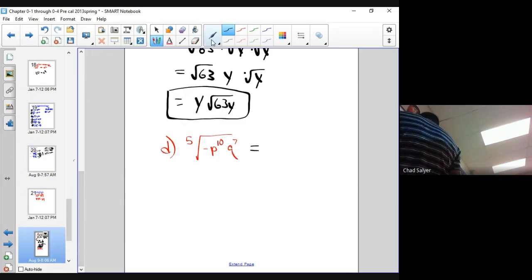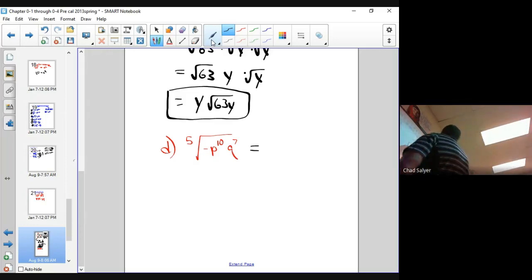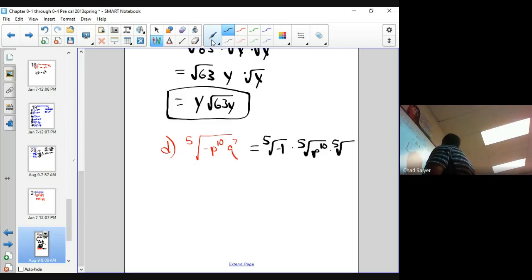So fifth root of negative p to the 10th. So this negative is going to introduce an imaginary part. So before we just said no real solution, this time let's go ahead and figure out what the imaginary solution would be. So this is the fifth root of -1 times the fifth root of p to the 10th times the fifth root of q to the 7th.